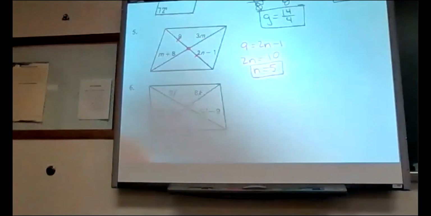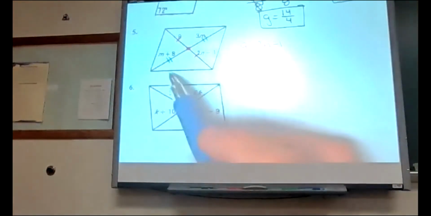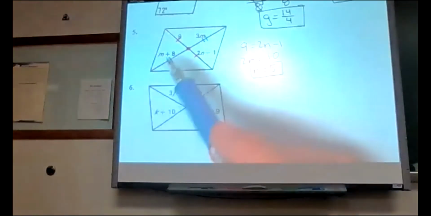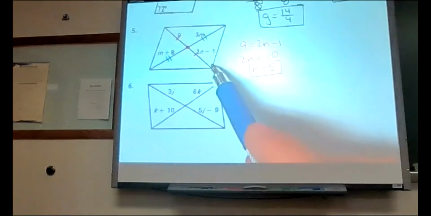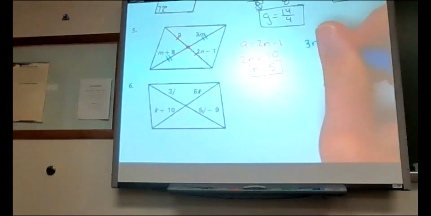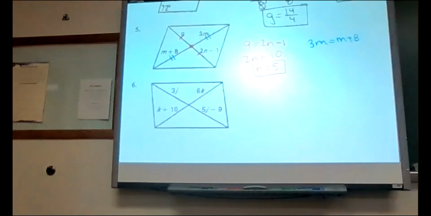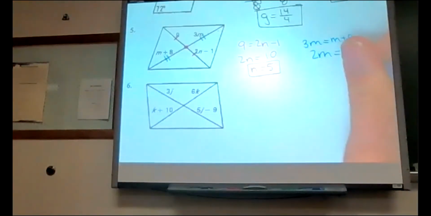And then I also know that it's cutting this diagonal into equal parts. In a general parallelogram, they're not all the same length, but these two are the same length and these two are the same length. So 3m equals m plus 8, or 2m equals 8 and m equals 4.